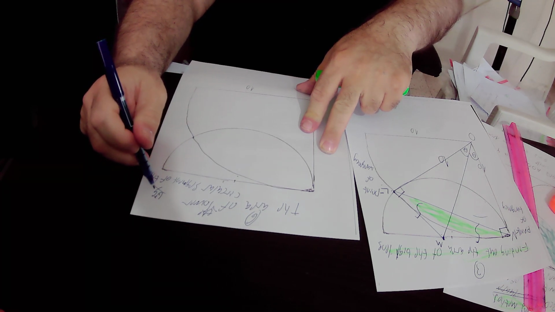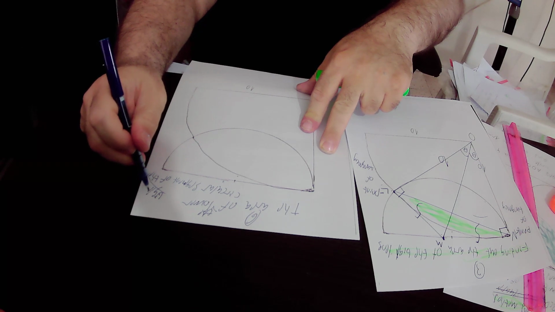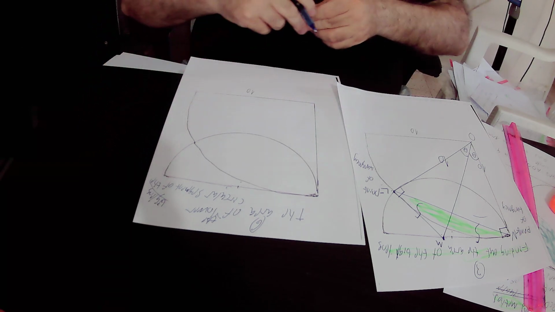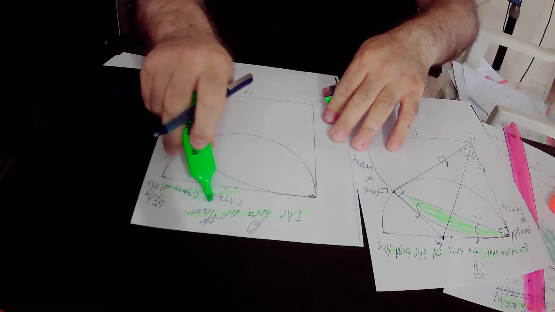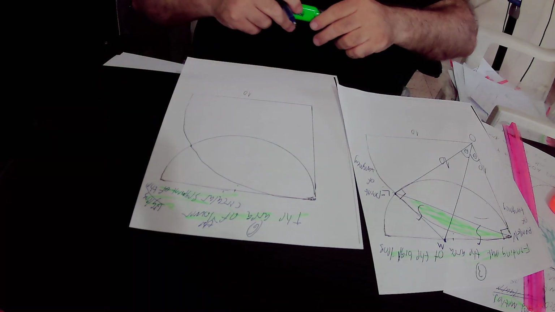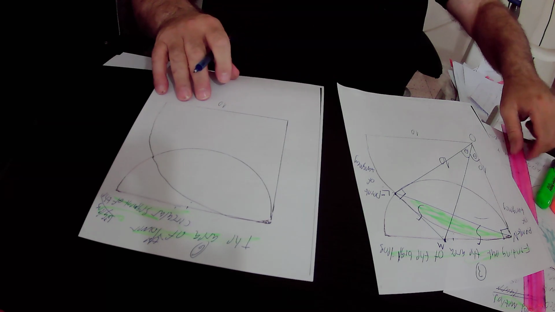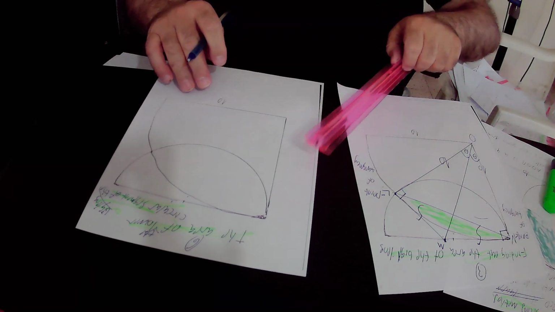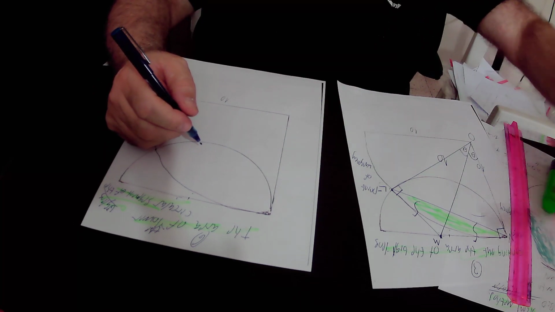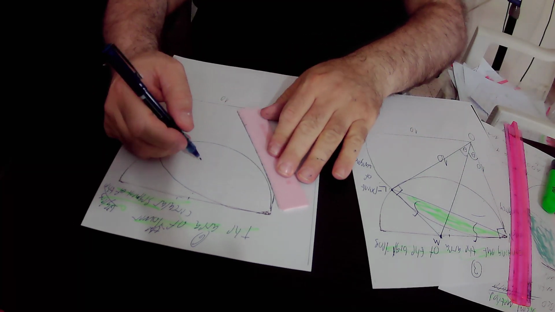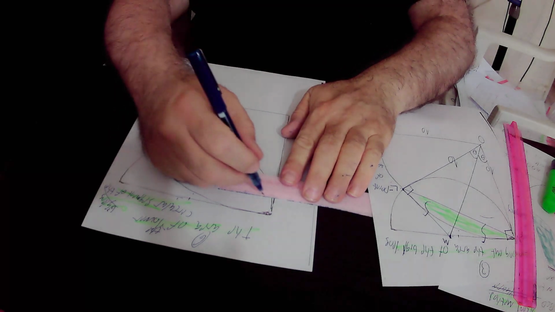Okay, this is our mission, to find out the area of the lower circular segment of the big lens. Here we have already found out that this angle equals 90 degrees.